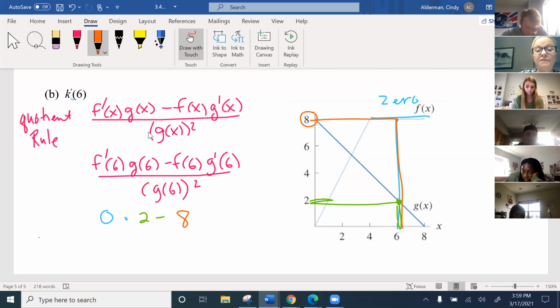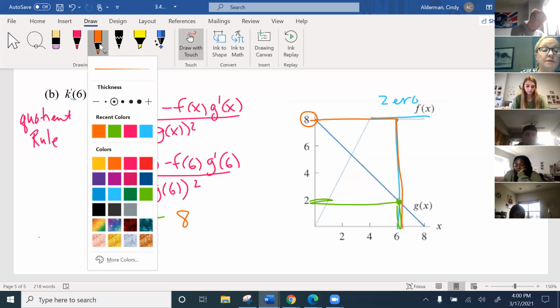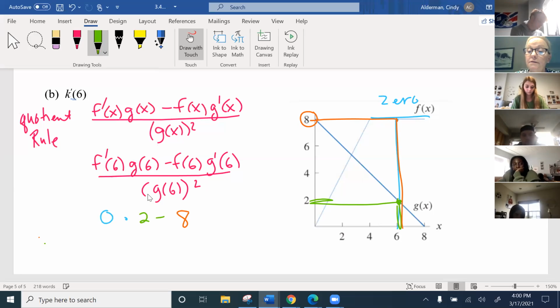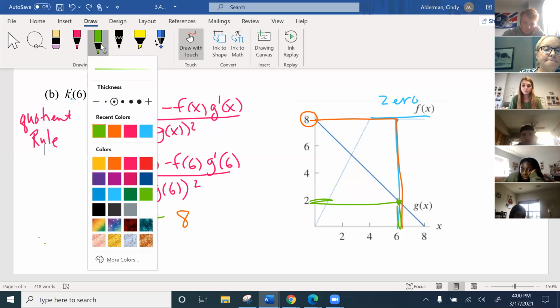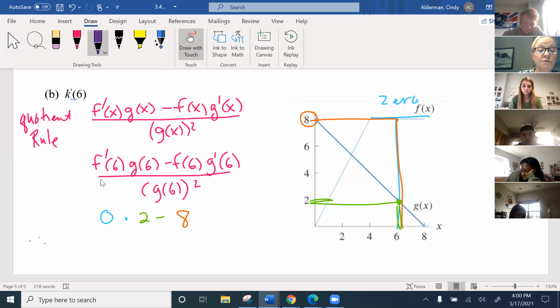And then g prime of 6 means they want the slope of the line at 6 of g. So here's g of x, and the slope of g of x is the same everywhere, right? It's just -8 over 8, or -1, right?